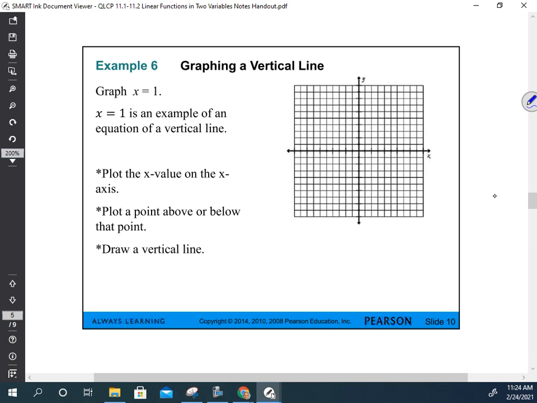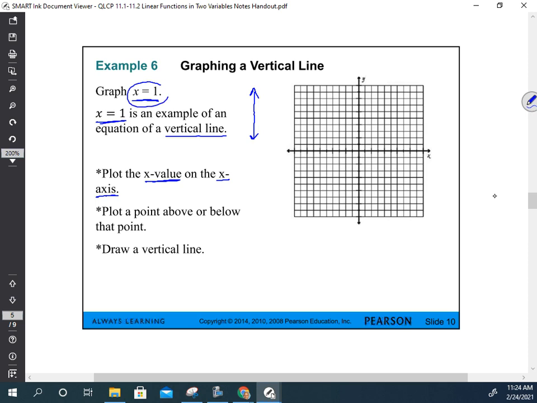So we're going to graph x equals 1. X equals 1 is an example of a vertical line, an up and down line. To graph a vertical line, plot the x value on the x-axis.